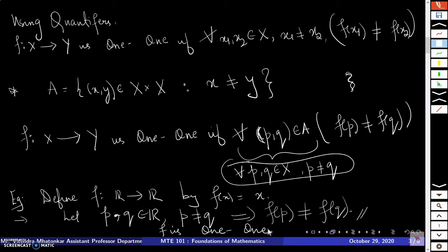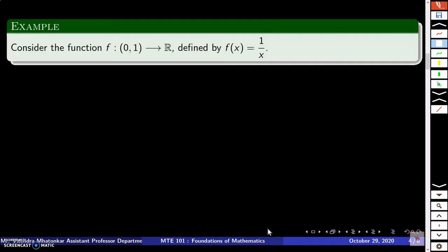I hope that's clear. Now moving on to the second example, if you look at this function f defined from the open interval 0 comma 1 to R, defined by f of x equal to 1 by x. So 0 is not there in the domain, so 1 by x is well defined, right?